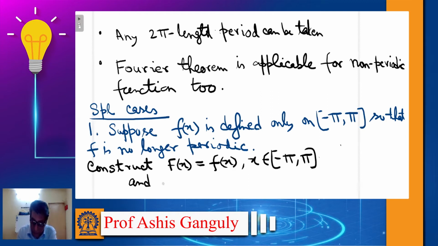Outside this interval, you impose F(x plus 2k pi) equal to F(x).